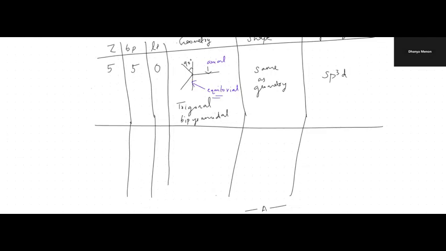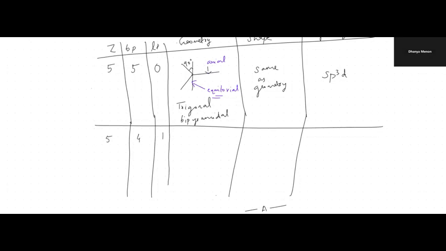Now let's discuss the next case, sorry, where Z value is 5, with 4 bond pairs and 1 lone pair.